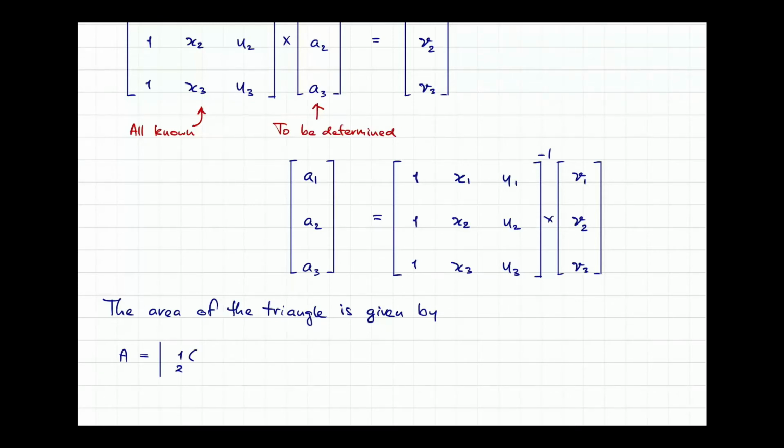This is in your high school class. So if you recall, x1, y1, x1, y2 minus x2, y1 and plus x2, y3 minus x3, y2, right? Plus x3, y1 minus x1, y3, and this is it. We take the absolute value.